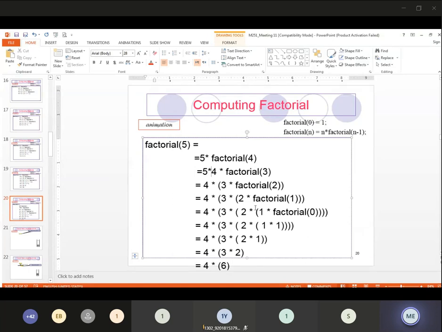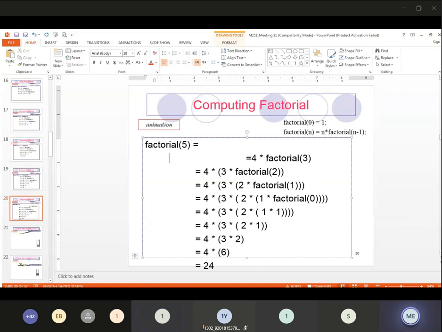Clear? Yes, ma'am. Finally, it will be 120. تمام؟ Yes, it's clear.